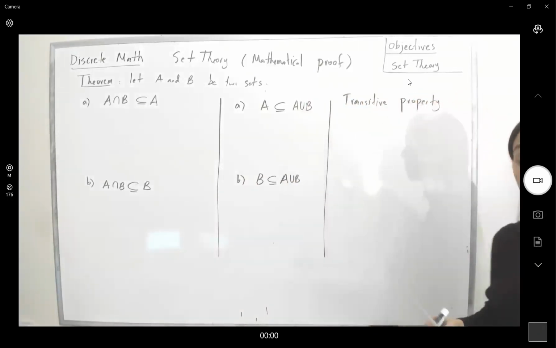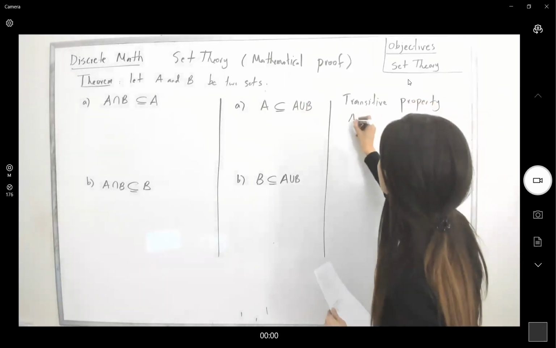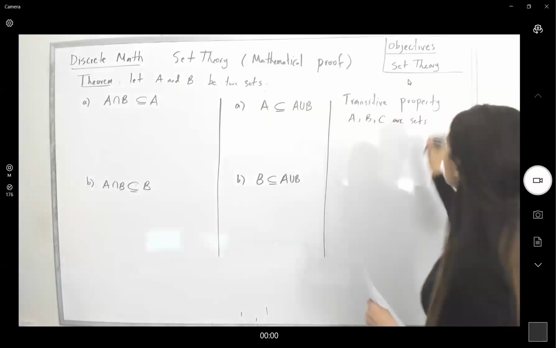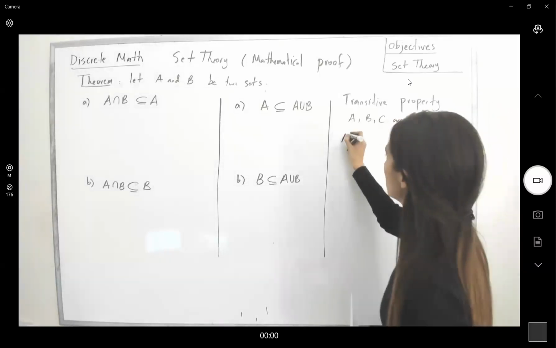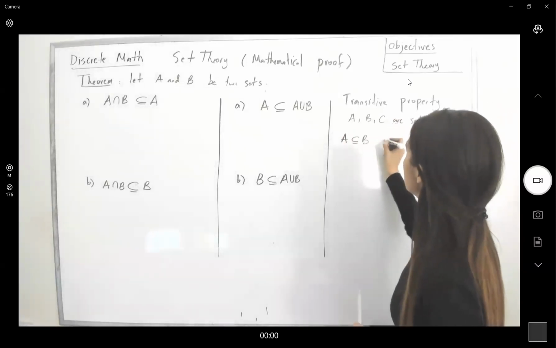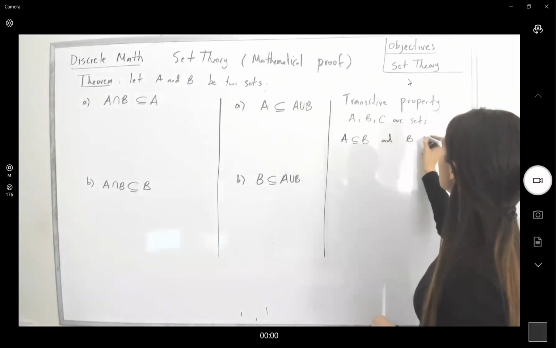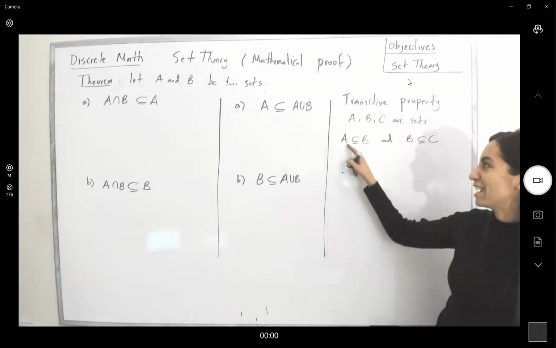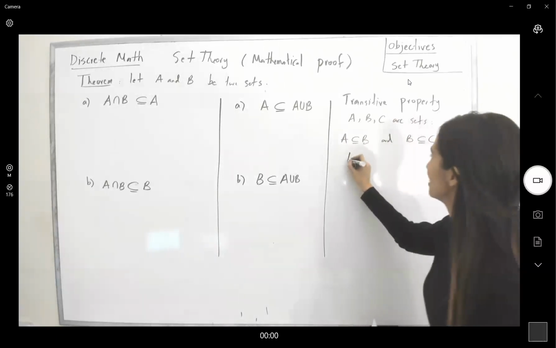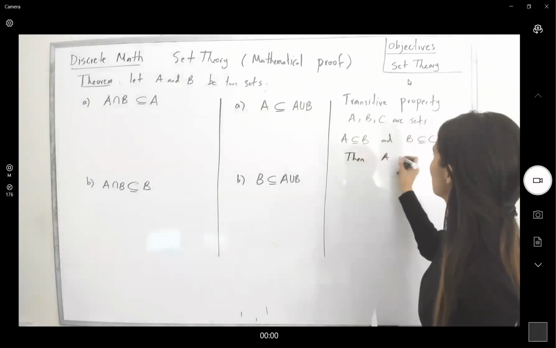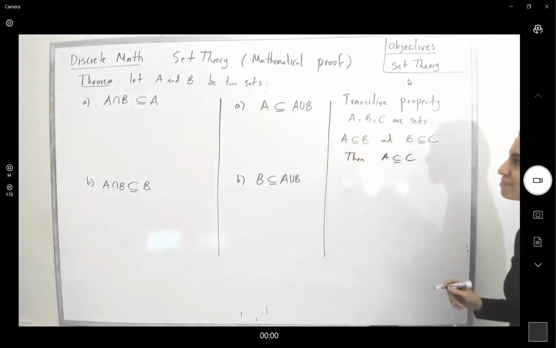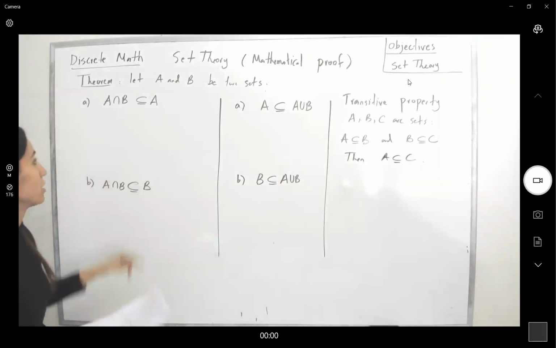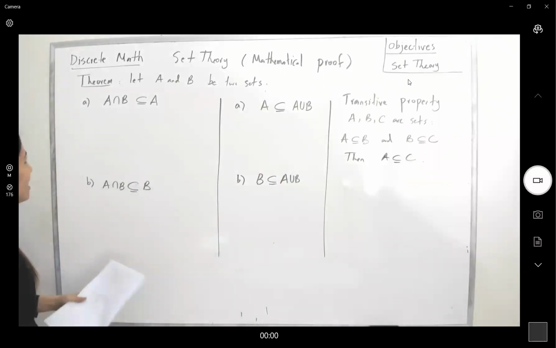This property tells us that if A, B, C are sets, if A is included in B and B is included in C, then for sure you can say that A is included in C. Okay, here we have inclusion of intersection, and here you have inclusion of union.